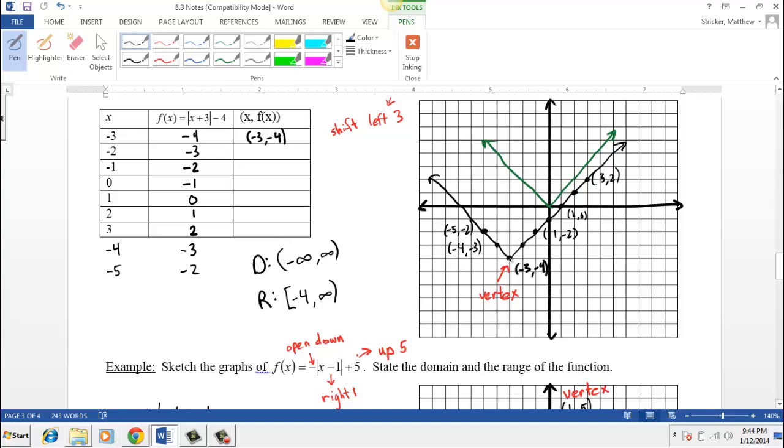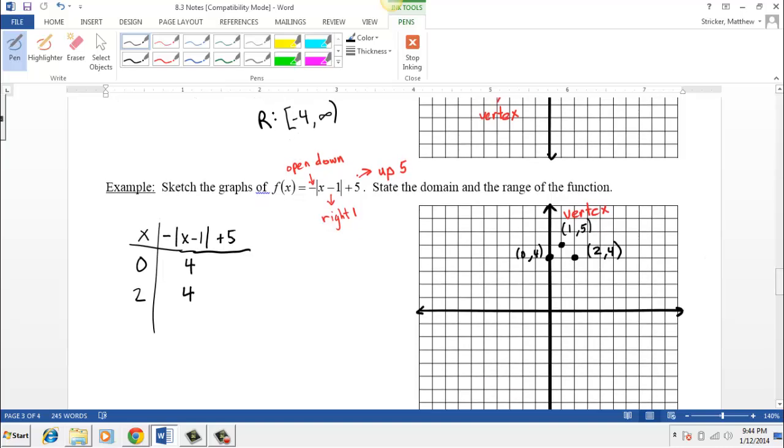So if there's a point up 1 over 1, then there's another point up 1 over 1 over here. If there's a point, this point right here, 1, -2, that's up 2 over 2. Then there's got to be another point on the left side up 2 over 2. And so there's going to be another point here. This graph is going to come down like this.